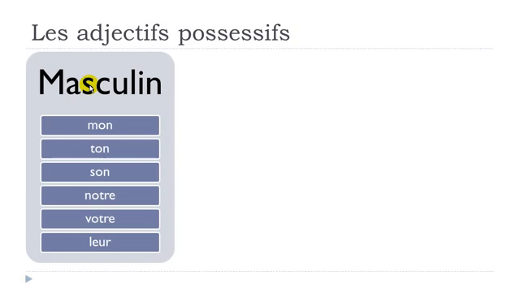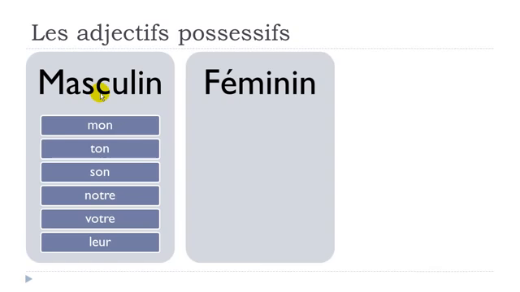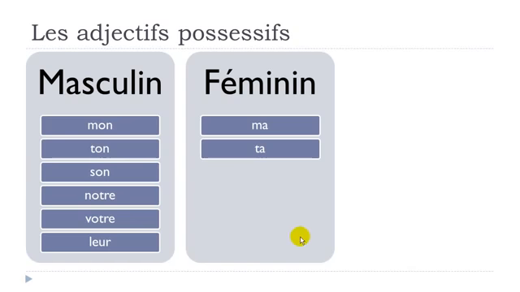Okay, so we saw first the masculine form. Let's check the feminine form, and it's ma, ta, sa. So you can see differences, but it works like m, t, and then t and s. So mon, masculine, ma, feminine form, ton, masculine form, ta, feminine form, son, masculine form, sa, feminine form.